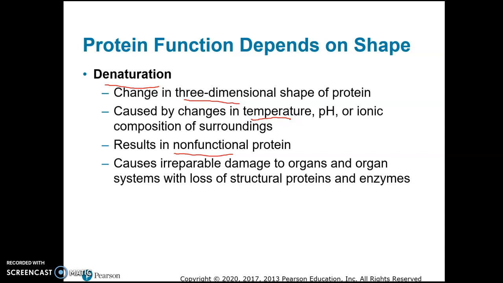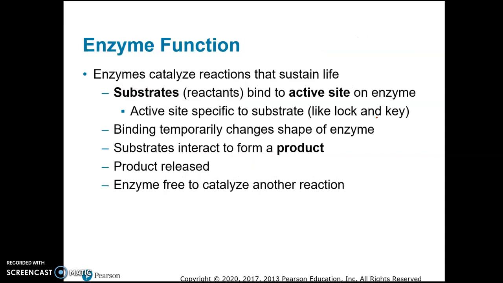A lot of times it's because the temperature is too high, but it can be low temperature as well. pH, when the pH is too low or too high, and the ions that are present in the body fluids. So these things can change the shape of the protein. And we call that denaturation, and it will make the protein non-functional, okay?